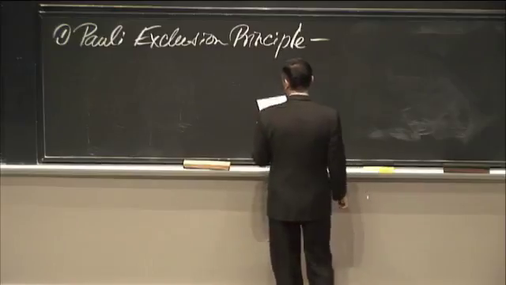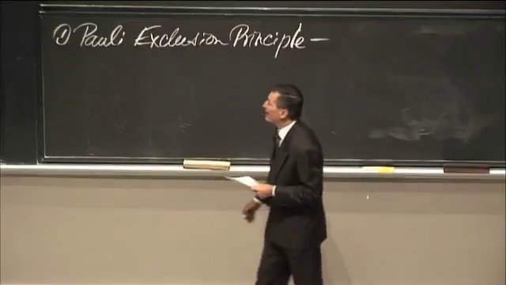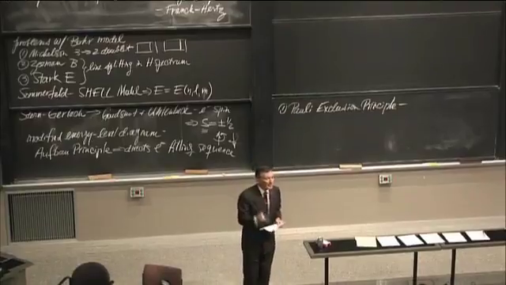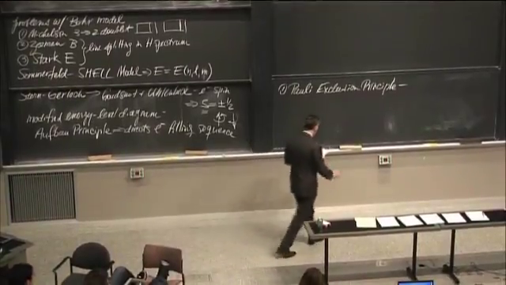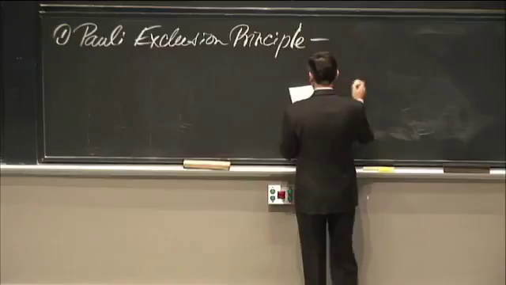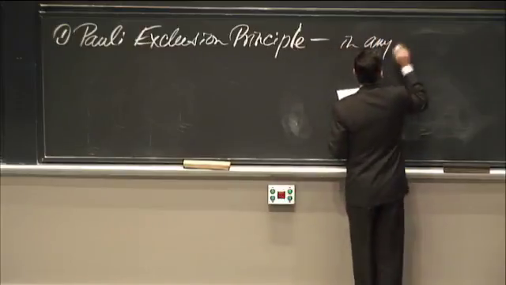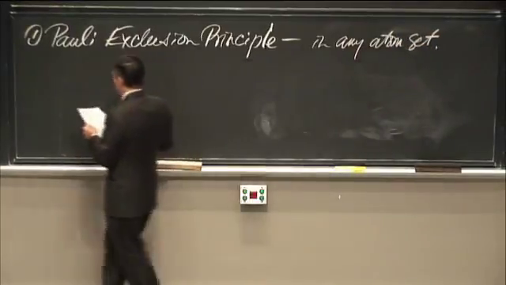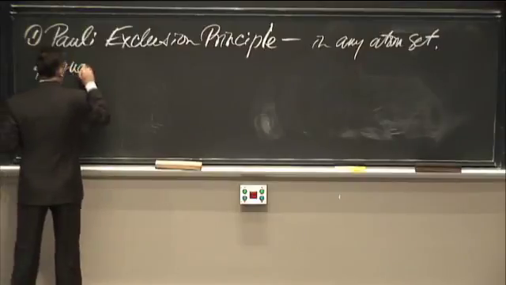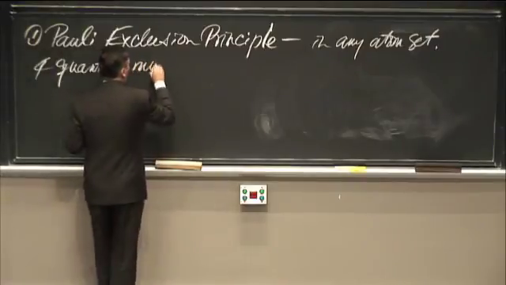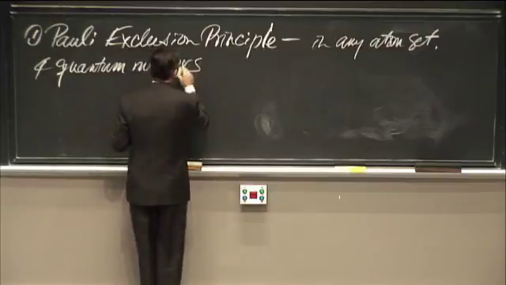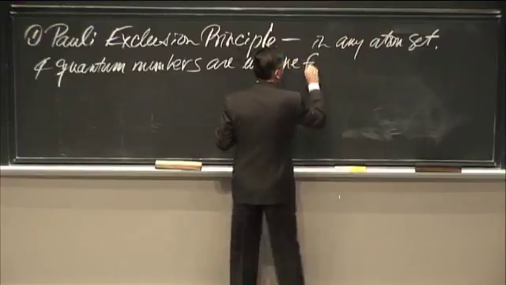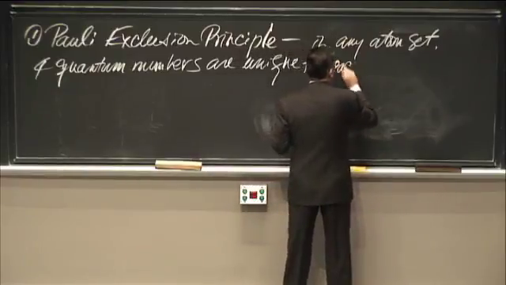And the Pauli exclusion principle, simply stated, is that in any electron system, each electron has a unique set of 4 quantum numbers. In any atom, the 4 quantum numbers are unique for each electron.